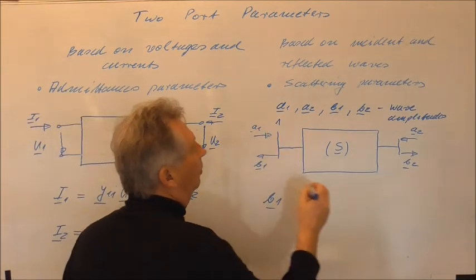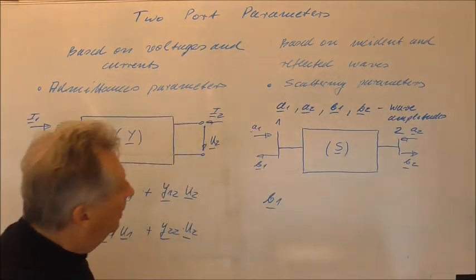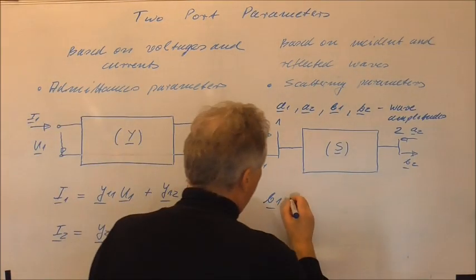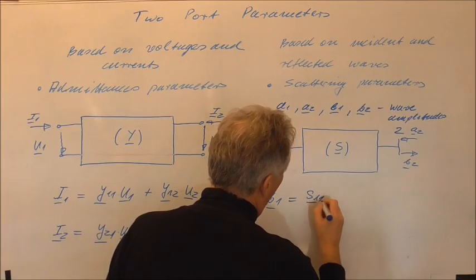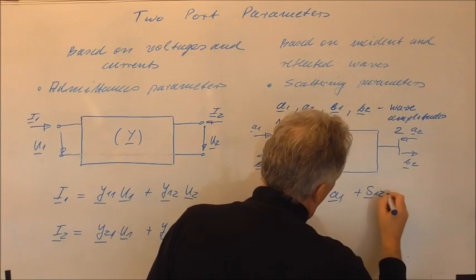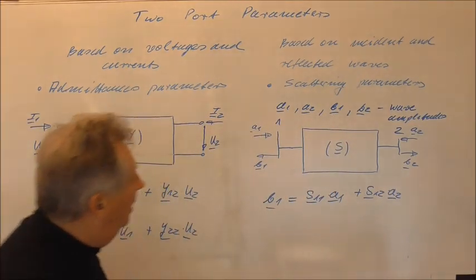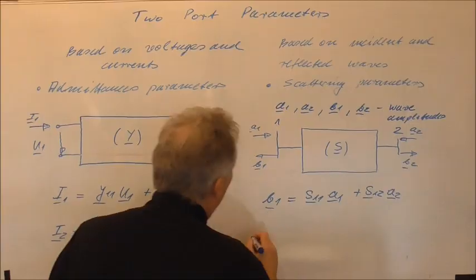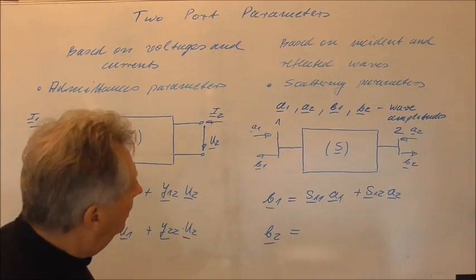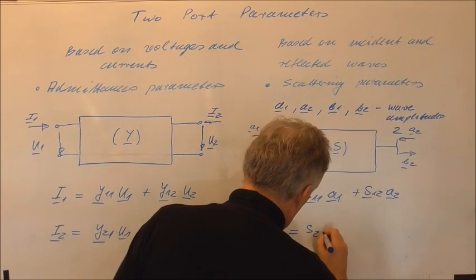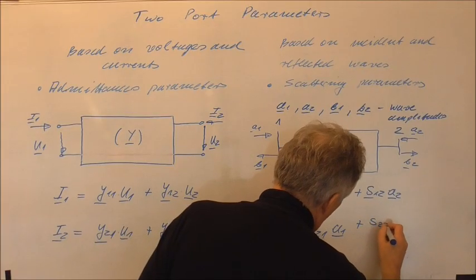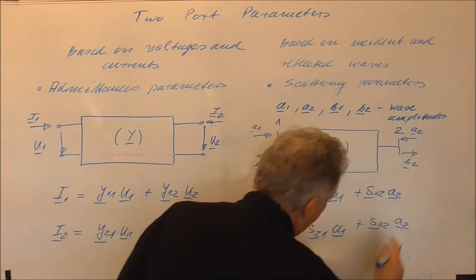Here this is, for example, port 1 and this is port 2, and we have for the wave amplitude B1, it's S11 times A1 plus S12 times A2. And for the wave amplitude B2, this will be S21 times A1 plus S22 times A2.